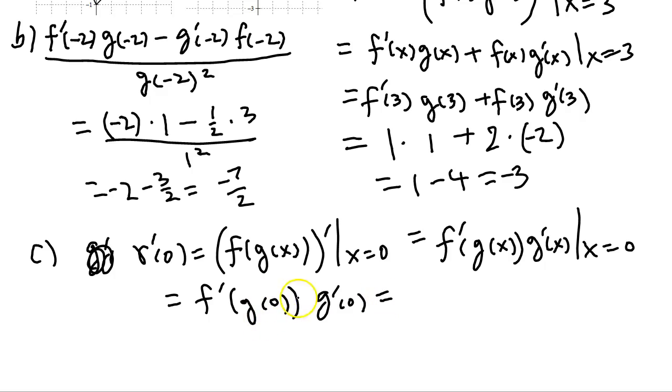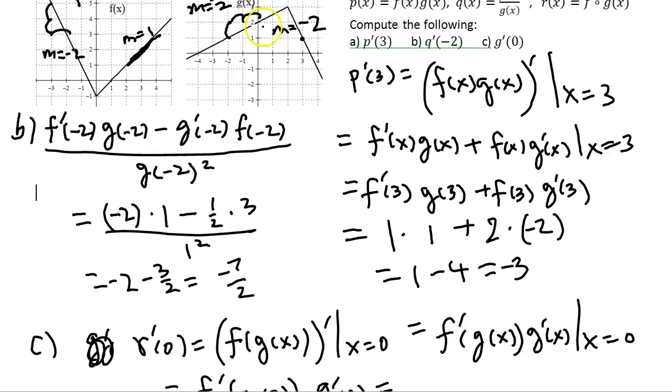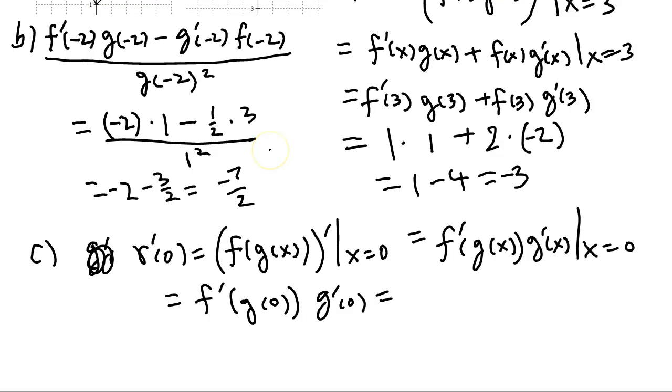Now what is g of 0? If we go back and look at the picture here, g of 0 is 2, and therefore if I replace g of 0 with 2, I get f prime of 2, and then I have to multiply by g prime of 0.